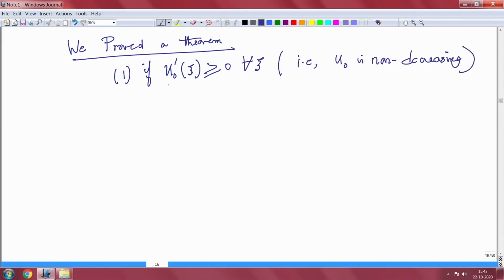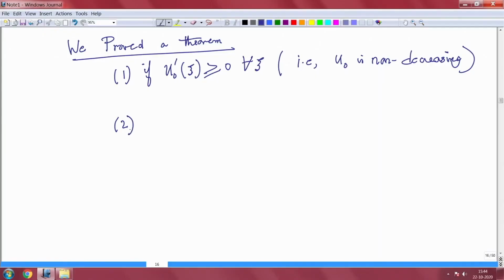That means the inverse function theorem condition is satisfied, and you can solve it and get the unique local solution immediately; there is no issue. Okay. You can solve it along the characteristic.